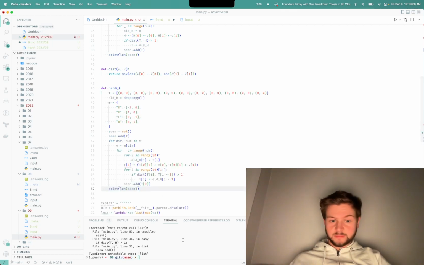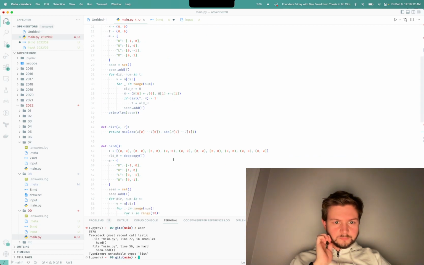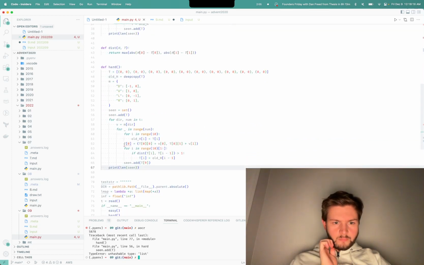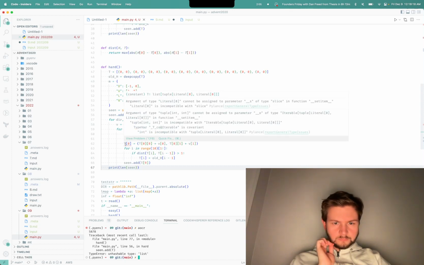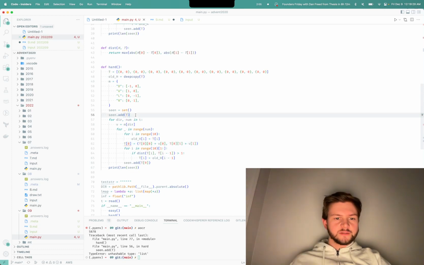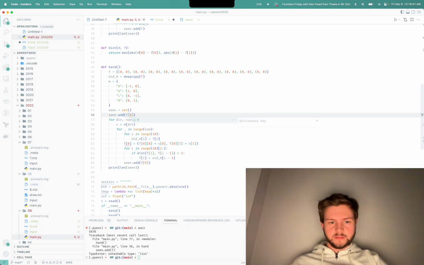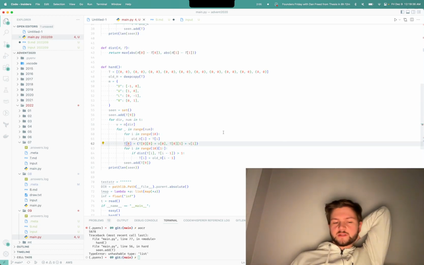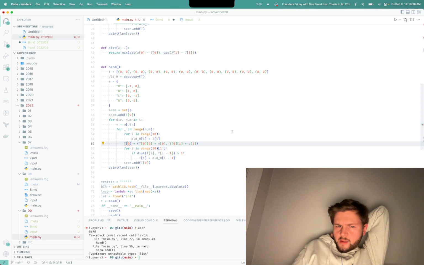Okay, try again. Seen is the issue. Seen at T9. T0 equals, but this is just a tuple of numbers.